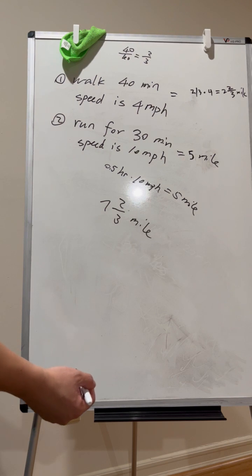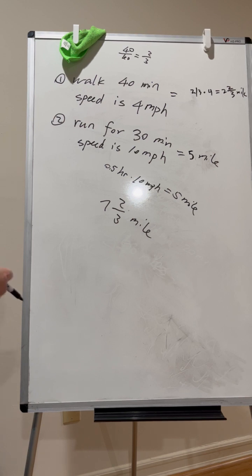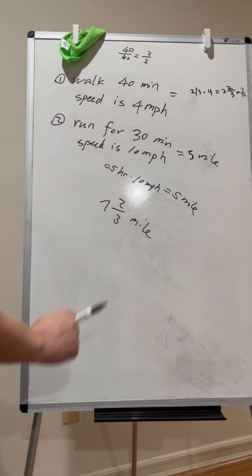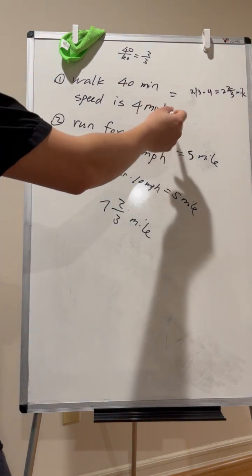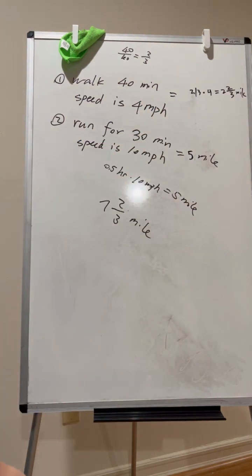What does backward mean? Like start with 2 and 2/3 divided by 4. And then you should get 2/3, and then it should equal 40. Okay, yeah, that's good. Let's try another way. Can you convert these miles per hour to miles per minute?